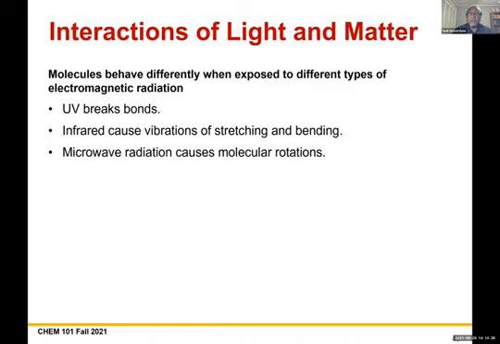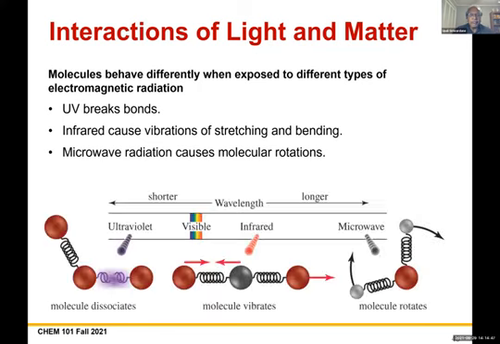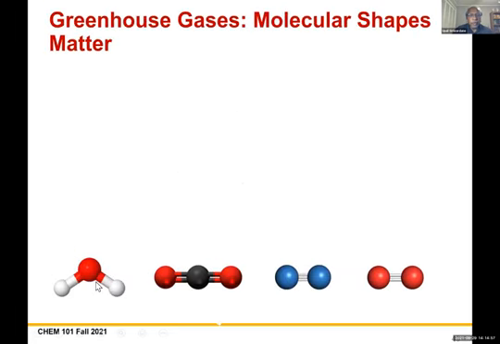It creates motion in the food and increases the temperature. Motion is kinetic energy. If you look at these three regions, ultraviolet, infrared, microwave, for the carbon dioxide molecule, let me go back.